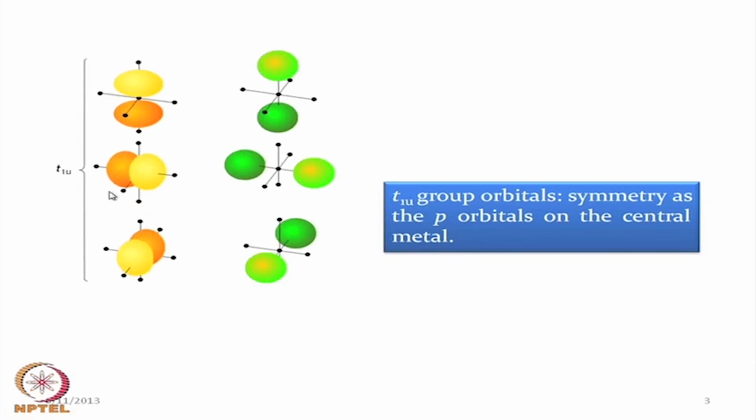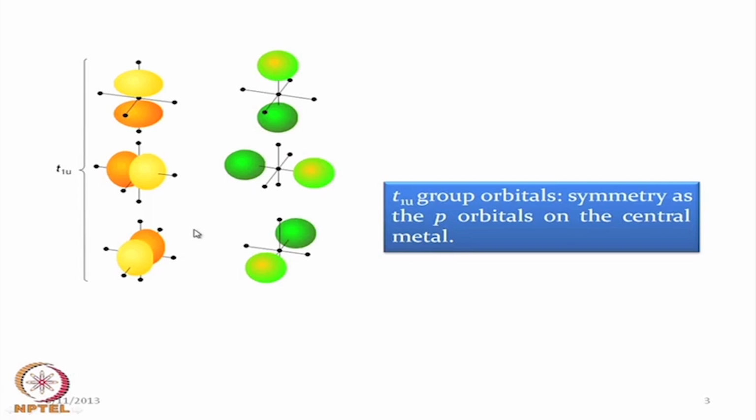Next, we have the T1u group orbitals, which have the symmetry of the p orbitals on the central metal ion. So, now we are talking about something which we have not discussed in crystal field theory, because we have not considered the corresponding p orbitals for any kind of interaction between the metal and the ligand in crystal field theory, but it is not the true or the right picture for explaining the metal ligand interaction.